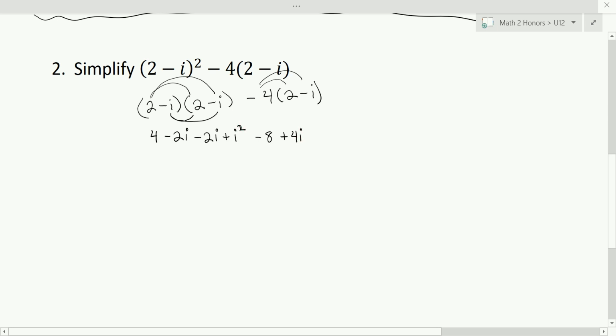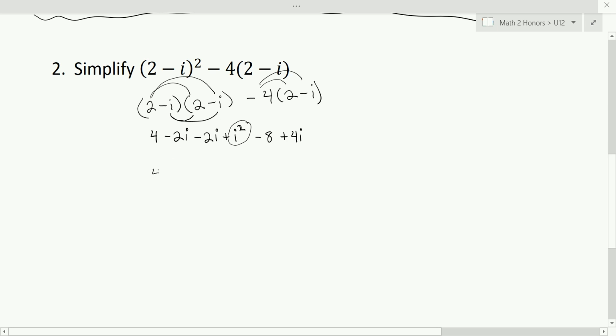Okay. After you multiply things out, i is not a variable. You treat it like a variable at first, but i is not a variable. So you see i with any power, you can simplify it. So i squared is what? Negative 1. Okay. And so we're going to be changing that to a negative 1.